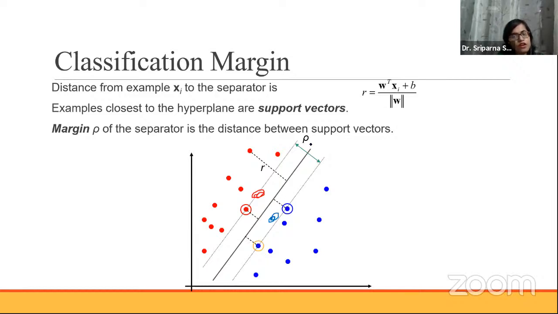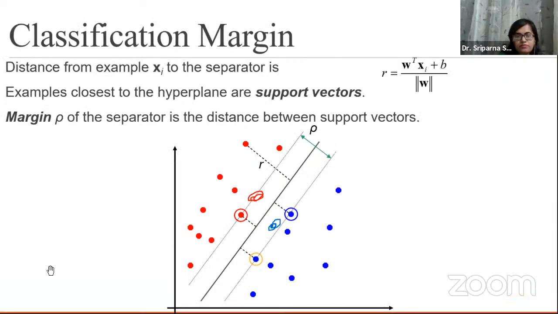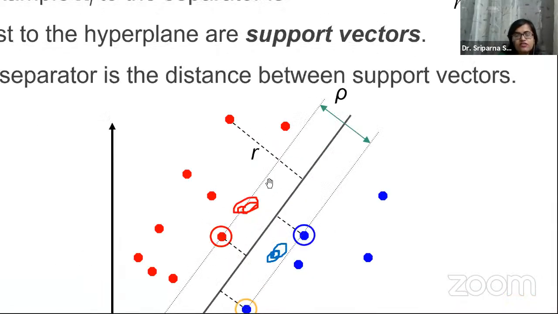So the new rho value, call it rho bar, suppose it is much lesser than rho. Still, as the data points are on the proper side of the hyperplane, in this particular direction, proper classification will be done.